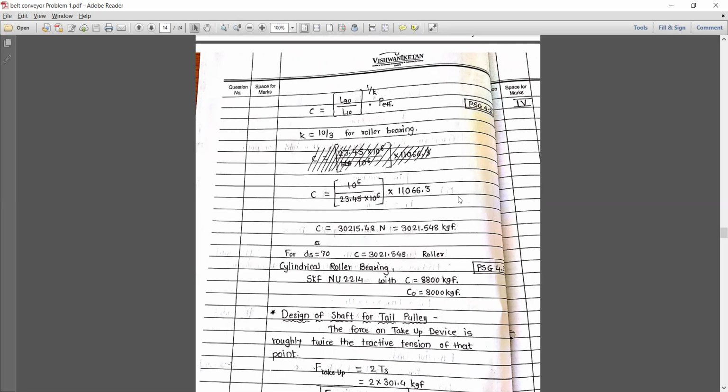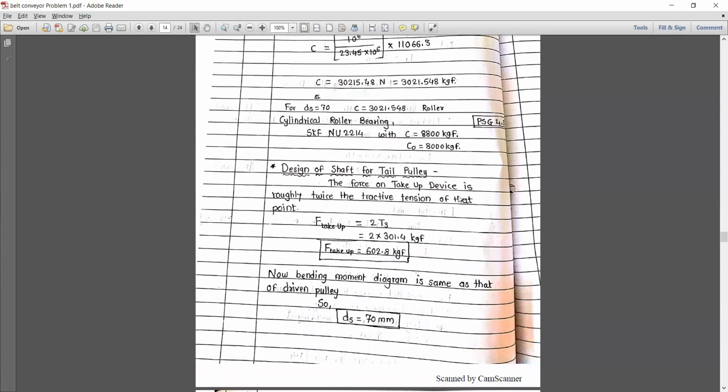The diameter of shaft is 70 mm and the value of C which is required is 3021.54. So we have selected SKF bearing NU2214, having C equal to 8800 kgf and C0 equal to 8000 kgf, which is more sustainable.